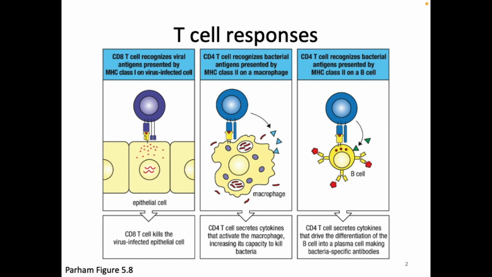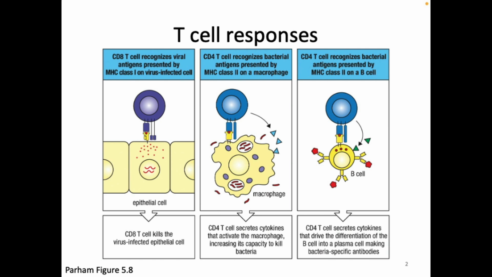And so that antigen might be MHC class 1 plus peptide that will be activating a CD8 T cell, or it might be MHC class 2 plus peptide that could be activating our CD4 T cell. And so really our goal here is to be getting to T cell responses and T cell actions.